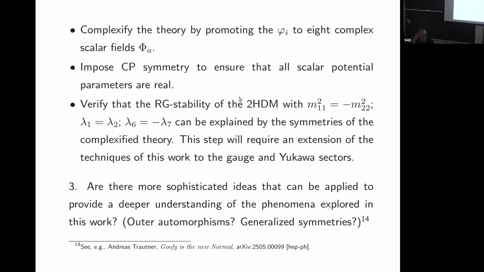I haven't understood everything he said in this paper yet, but my understanding is when you do that, you find that this parameter relation, the weird one with m1 squared equals minus m2 squared, just gets modified, and you're back to one of the original 6 allowed symmetries of the 2HDM. So maybe there's some interesting things to think about there.